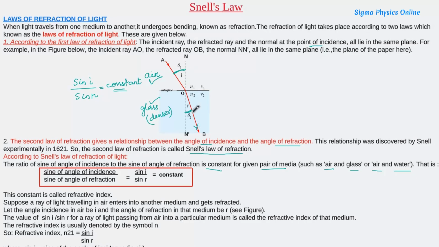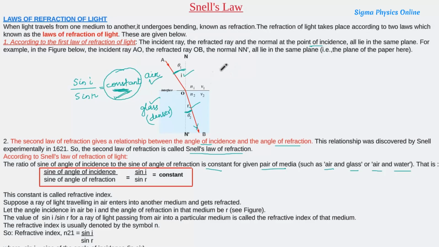As per that angle of incidence, we will get a particular value of angle of refraction. Now divide sine I by sine R, we will get a constant value always. If the I value changes, the R value also will change. But the value of sine I by sine R will always remain a constant for this given pair of media, whatever the angle of incidence is.